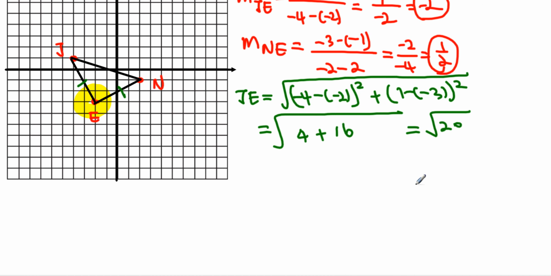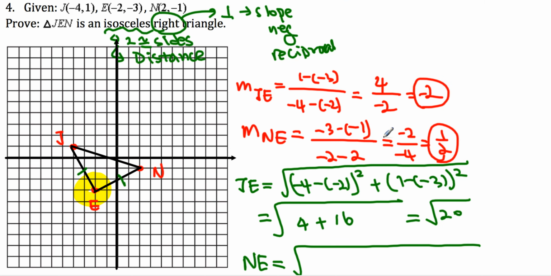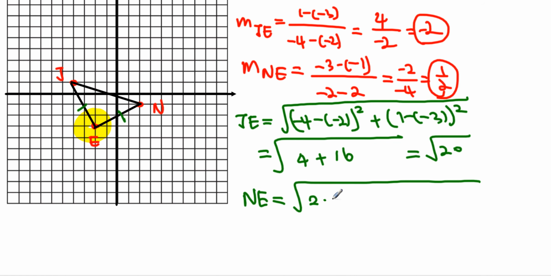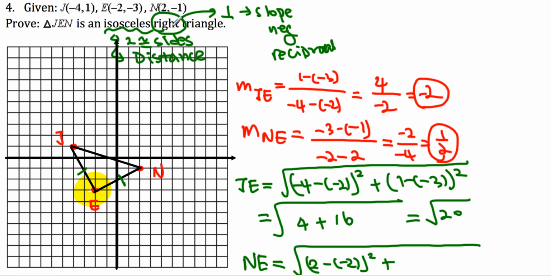And how about EN or NE? So 2 minus negative 2, and then negative 1 minus negative 3.